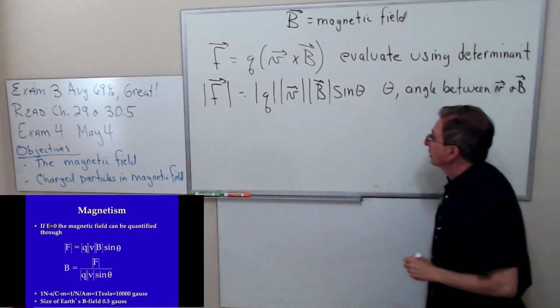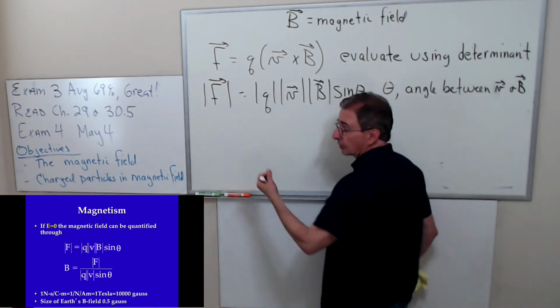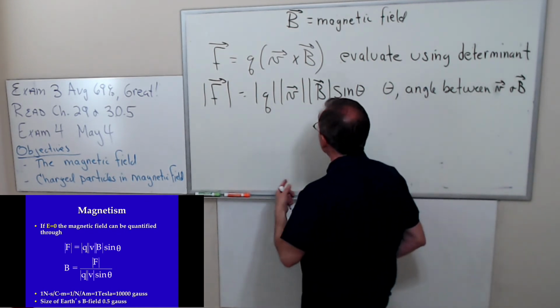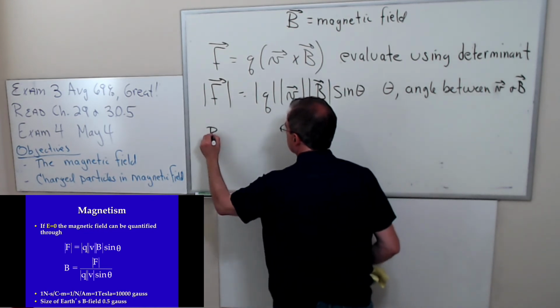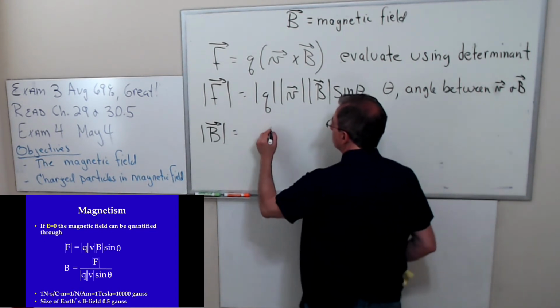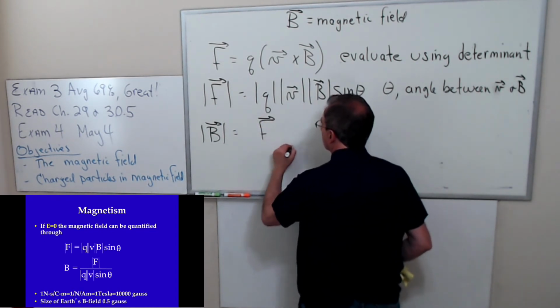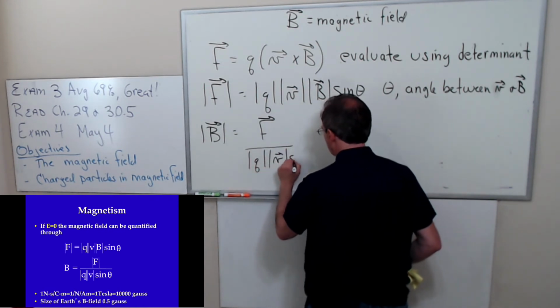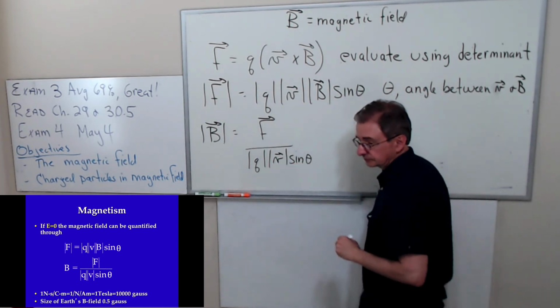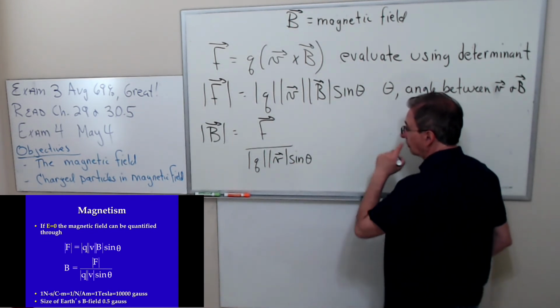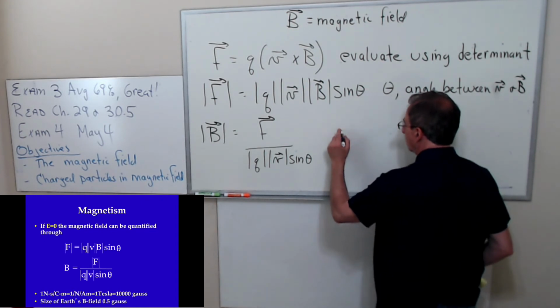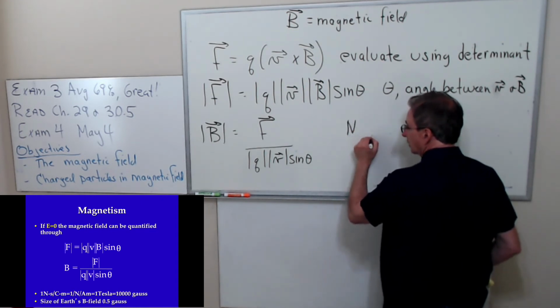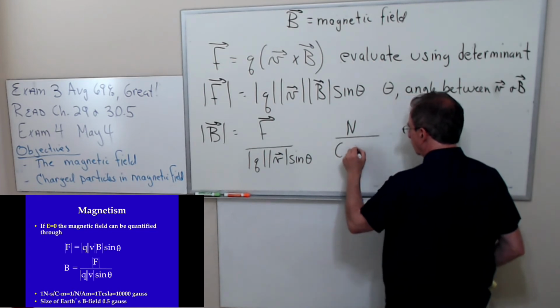If we can measure the force on the charged particle, then we can quantify the strength of the magnetic field, which is going to be F over Q V sine of theta. What are the units of this? Well, it's going to be a Newton per Coulomb meter per second.